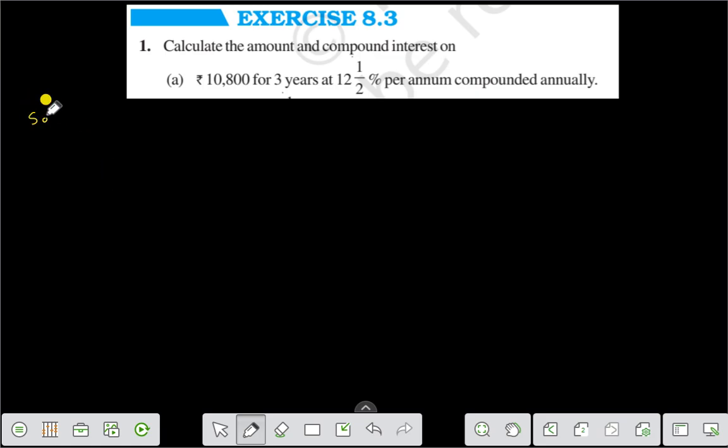Here it is given that principal P is equal to rupees 10,800.